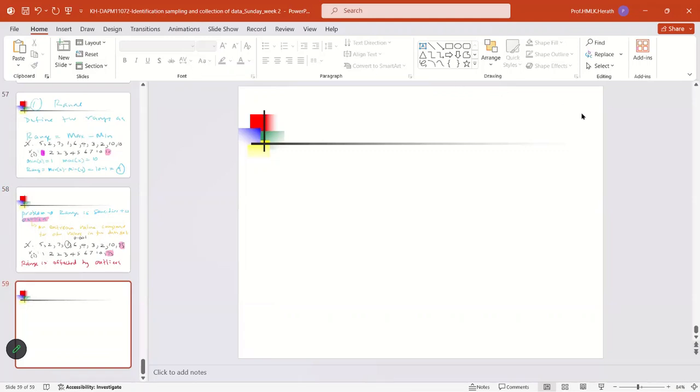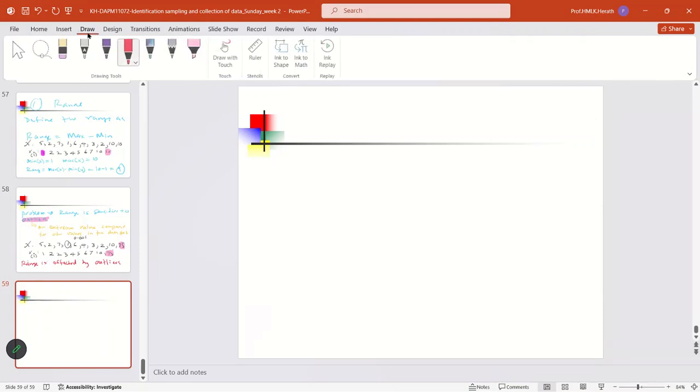What else? How do we solve this problem? We need to see how to solve this problem.